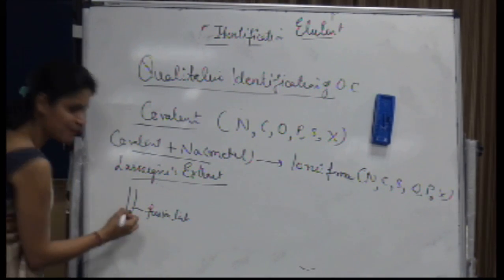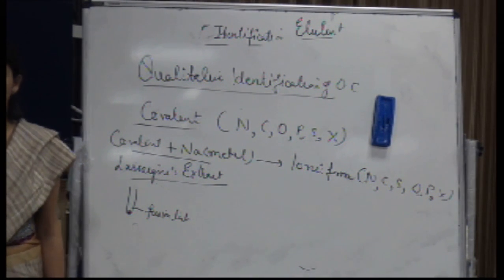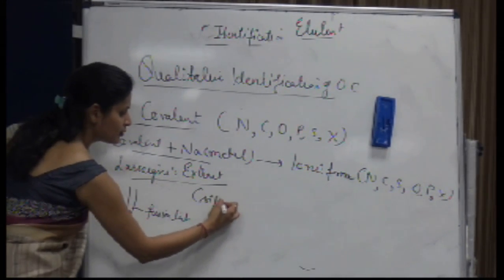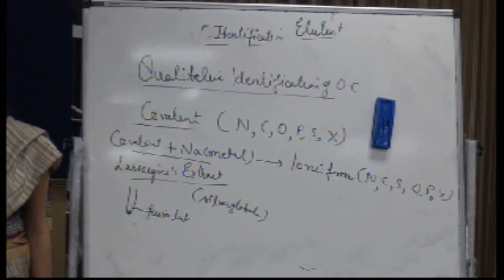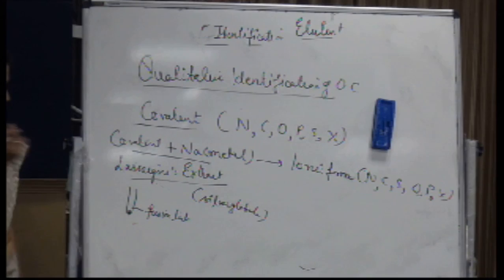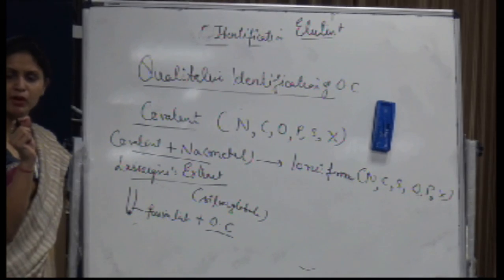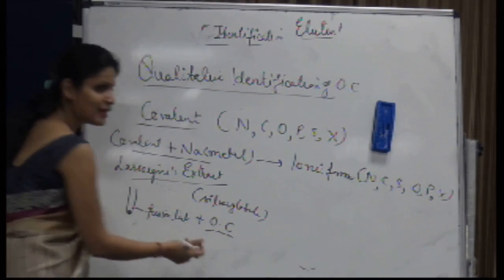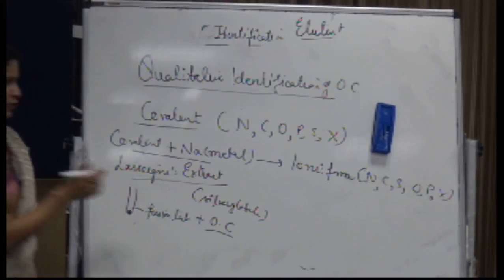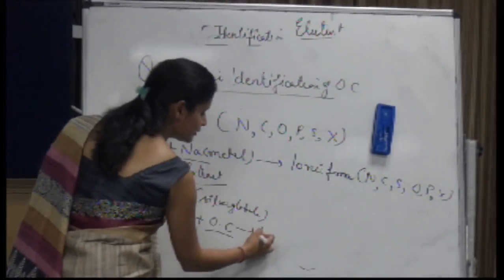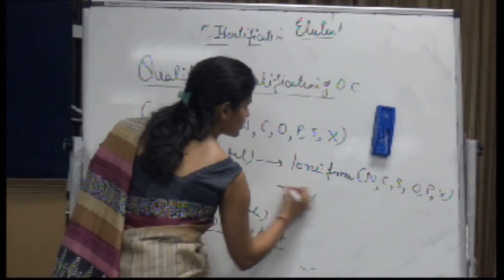I'll take a very small piece of sodium metal into it and start heating it until it converts into a shiny silver globule. Once it has converted into a silver globule, I'll add just a pinch of organic compound using a spatula. Then again I'll start heating it. This way the organic compound will get converted into ionic form. Then I'll heat it, and then I'll put this heated fusion tube into the china dish, which has been covered.